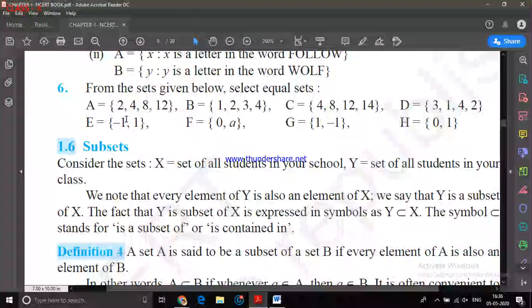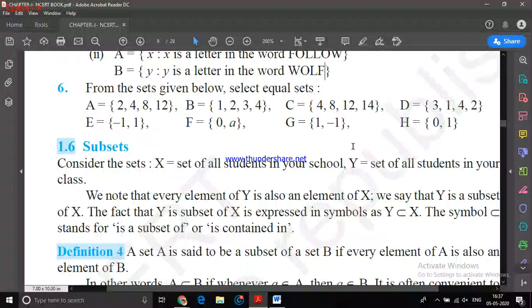Here one general question is given. From the sets given below, select equal sets: A, B, C, D, E, F, G, H. So what are the equal sets you have here? Is any one equal to any other set? Can you tell me what are the equal sets out of these 8 sets?